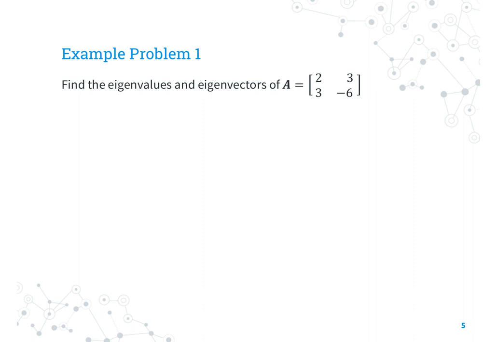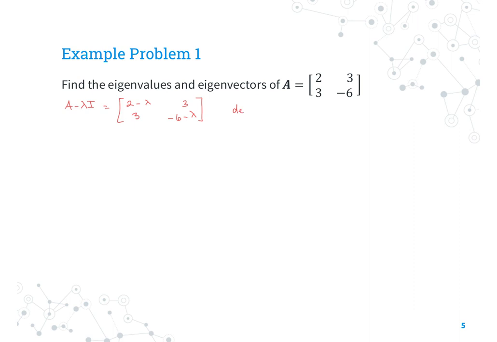We want to find the eigenvalues and the corresponding eigenvectors for a 2 by 2 matrix A with elements 2, 3, 3, negative 6. So here our A minus lambda I is going to yield 2 minus lambda, 3, and 3, negative 6 minus lambda. And we want to find the determinant of this matrix.